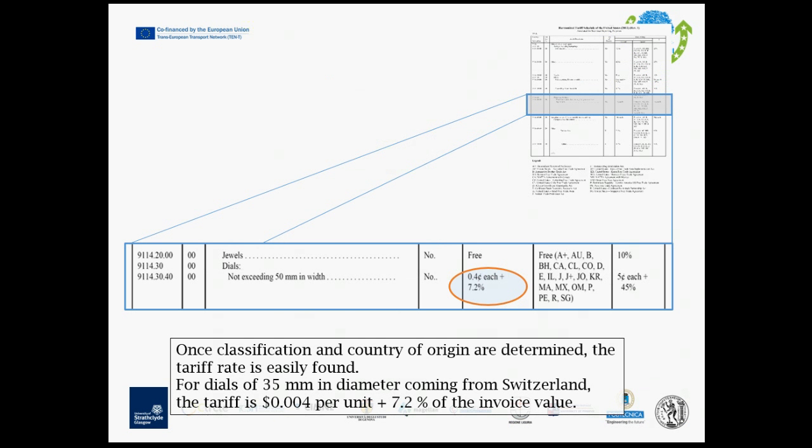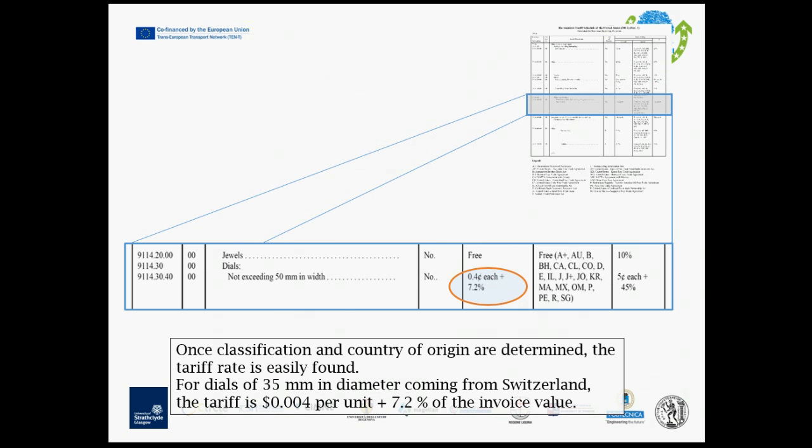This does not mean that this is the value that has to be declared. This is the minimum value that is accepted by the government. If the real value of the articles is higher than this one, then the higher one has to be enforced, of course. And then the duties are calculated on the higher of those two.